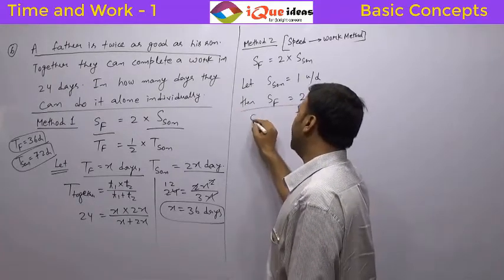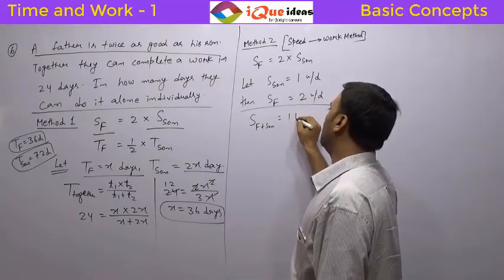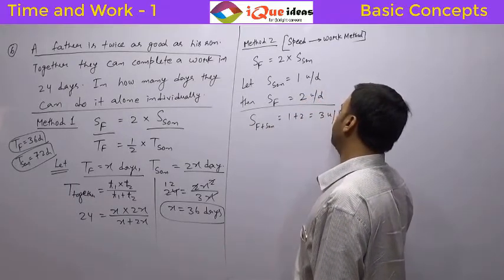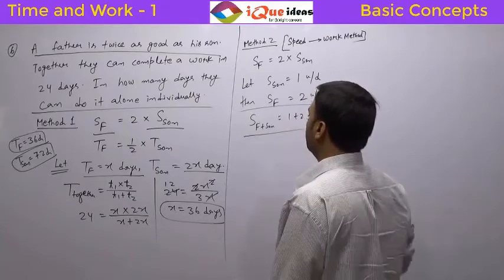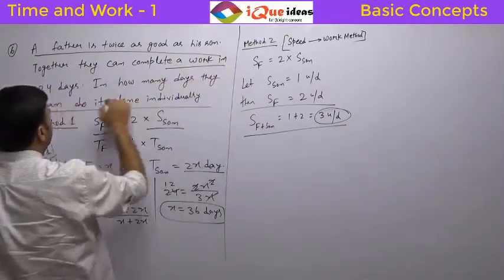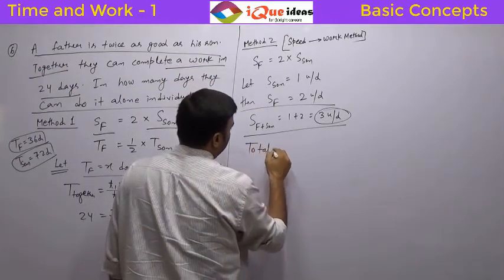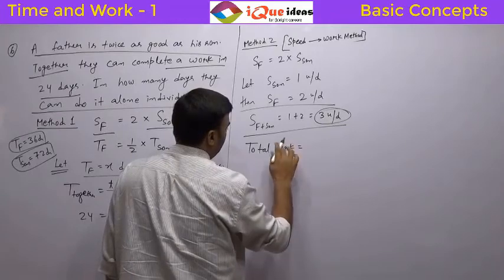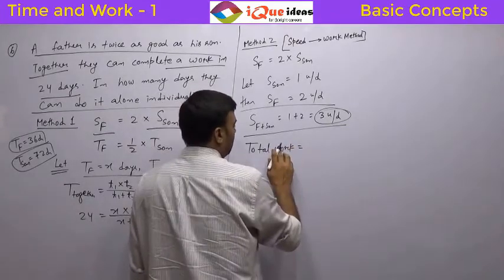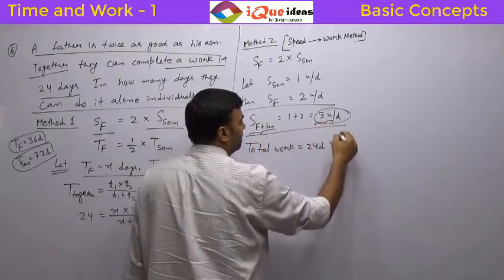That means the combined speed of father and son will be equal to 1 plus 2, which is 3 units per day. Now, why are we calculating combined speed? Let's see. They can complete the work in 24 days together. So, total work can be calculated from here is equal to total time, 24 days, into the combined speed, that is 3 units per day.